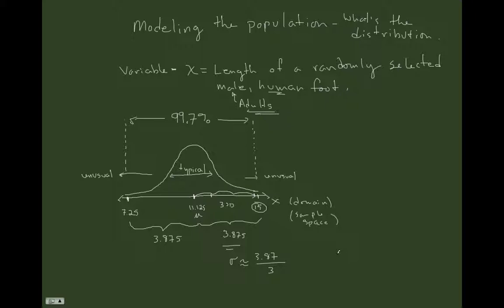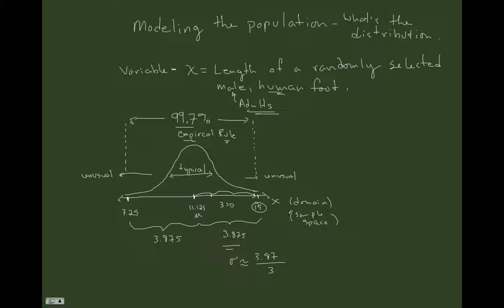So if I use this concept of the normal distribution, that's my model, this percentage comes from something we call the empirical rule. It'll come up again. It's a property of the normal distribution or normally distributed populations.